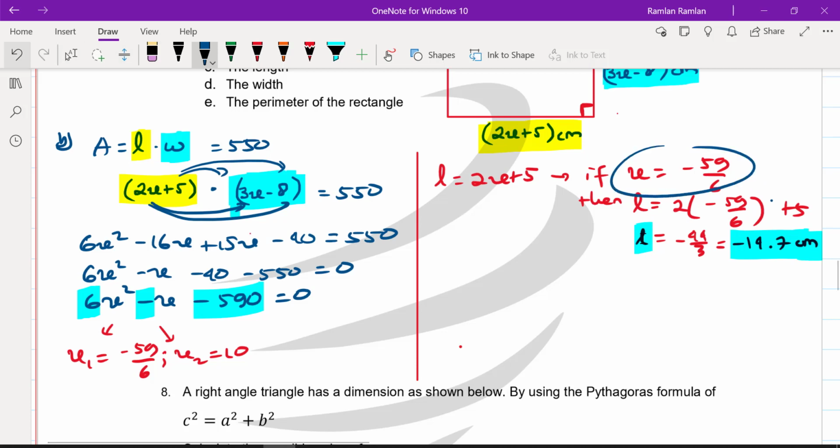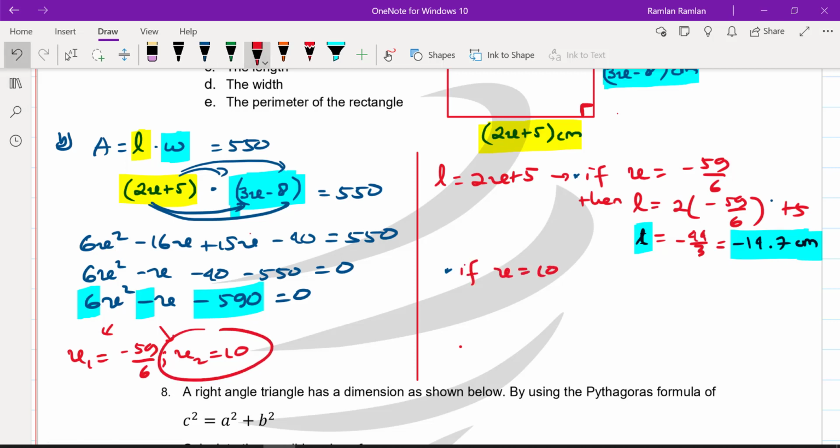So we can go back to question B, in which the possible value of x is just this guy. But we also need to find out whether this is going to be true. So let's do the next investigation. What if we have x equals to 10, right? Because we have this one also included in the answer. So the length will be equals to 2 multiplied by 10.